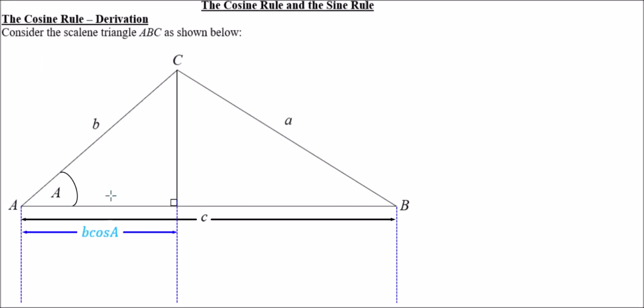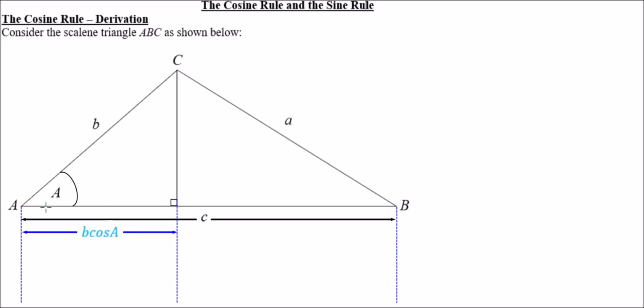So this distance here from A to this point is going to be B cos A. This is the adjacent side for this triangle on the left hand side. So if you were to do cos A equals this side over B, this side could be rearranged to be B cos A. Try it yourselves if you're not sure. In the same way, we can work out this length here.